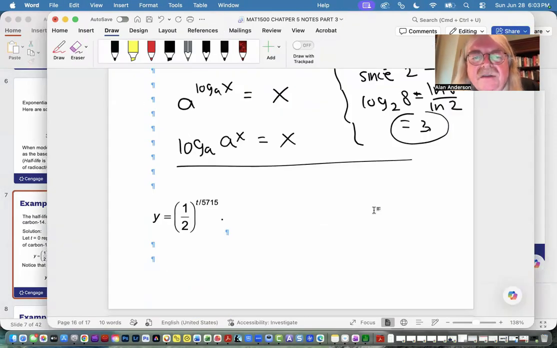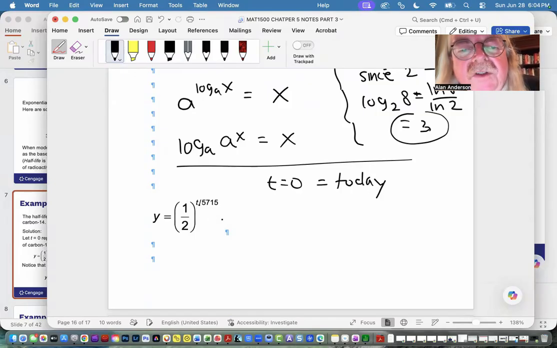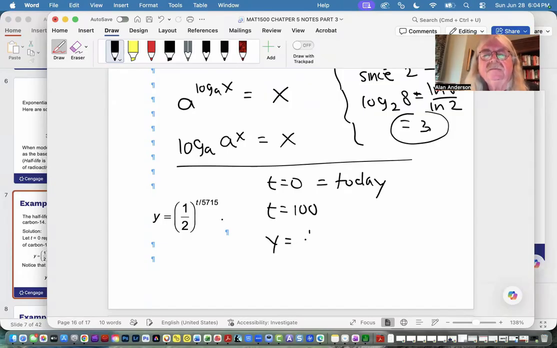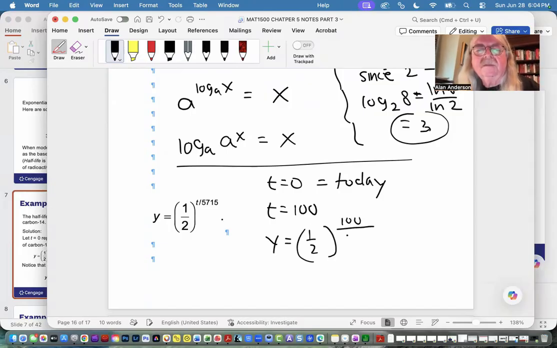The amount that's present, given that t equals 0 is today, as we go further into the future, we can figure out how much is left in our sample. So, for example, let's say we wanted to know how much is left in 100 years. Let's find out what that is.